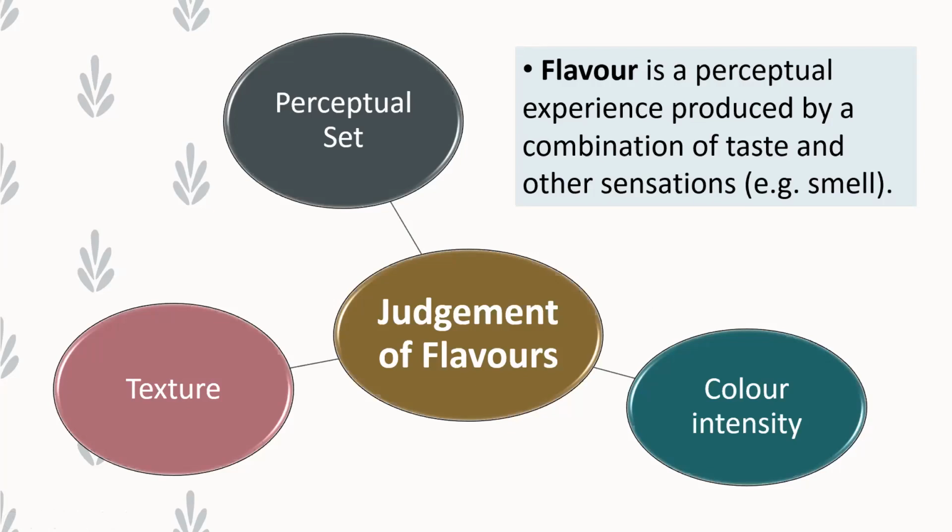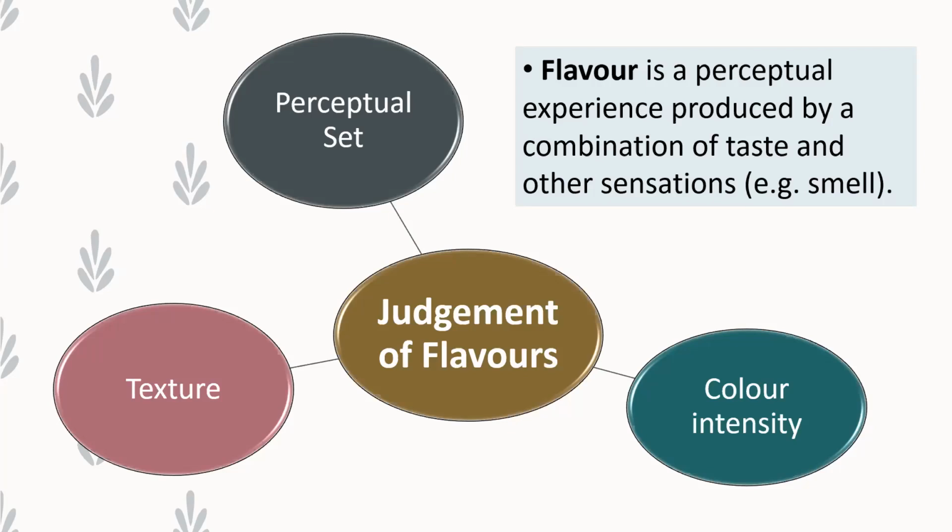Okay, so remember in chapter 7, when we looked at taste perceptions, we simply looked at taste as a chemical reaction that occurs when any substance falls onto your tongue, and obviously your taste buds start to make sense of that. But flavor is a little bit different. You don't have to taste a food to understand its flavor. If my mum is cooking something in the kitchen, I will be able to smell that, and I'll be able to judge, okay, is she making something sweet?